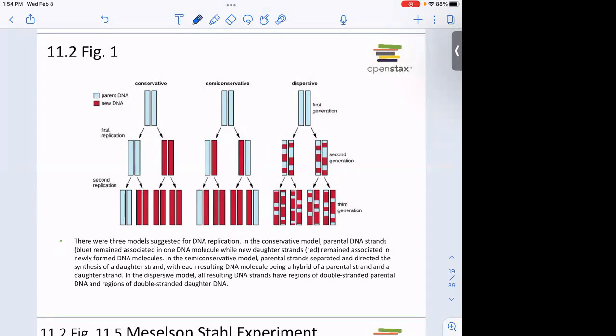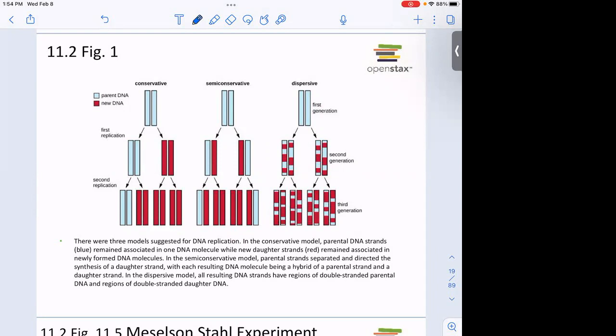And then, of course, Watson and Crick and others contributed as well, like Rosalind Franklin, into elucidating the structure of DNA, but they didn't really do any experiments as to how DNA was replicated. They had kind of an inkling, a guess as to how that happened, but we didn't really have a definitive answer.